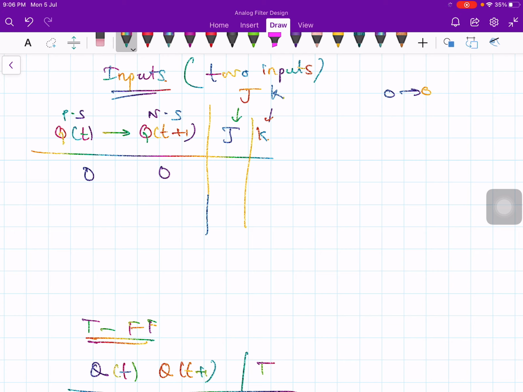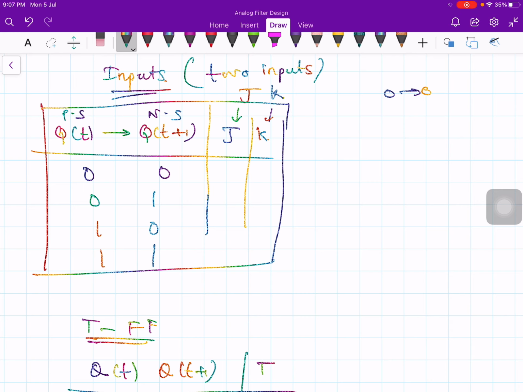Now I have four possible transitions: 0 to 0, 0 to 1, 1 to 0, or 1 to 1. These are the four possible transitions in the JK flip flop or T flip flop. Now what input should I give to move from 0 to 0? That's my question now. I have four possible states: 0 0, 0 1, 1 0, 1 1. Now the required input conditions, what should I put here?